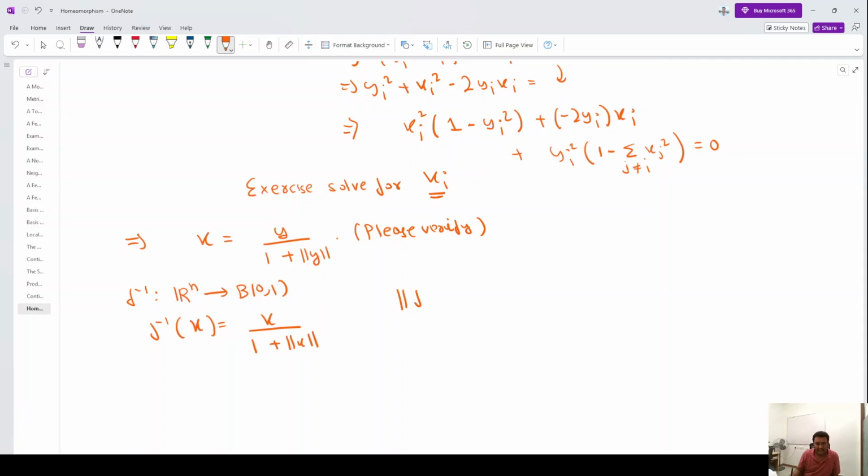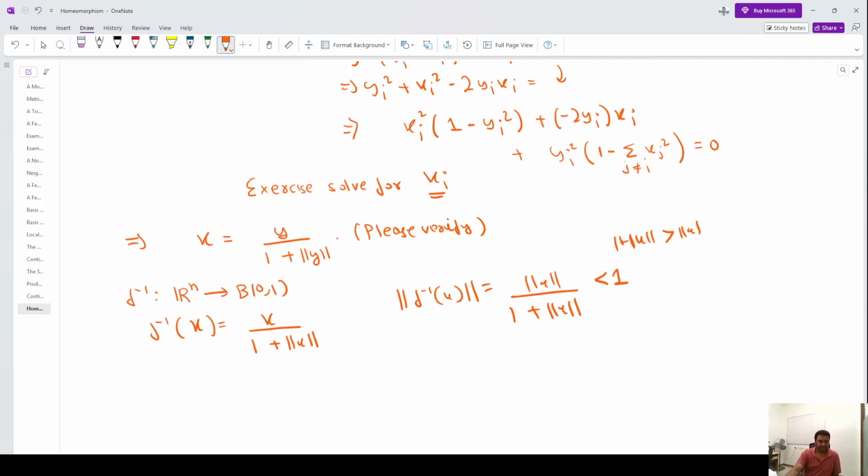So if you want to compute the norm of this, it will be norm x divided by 1 plus norm x, and 1 plus norm x is bigger than norm x, right? So this is less than 1. So it is actually inside the ball 0, 1. And this is also a continuous function, right?